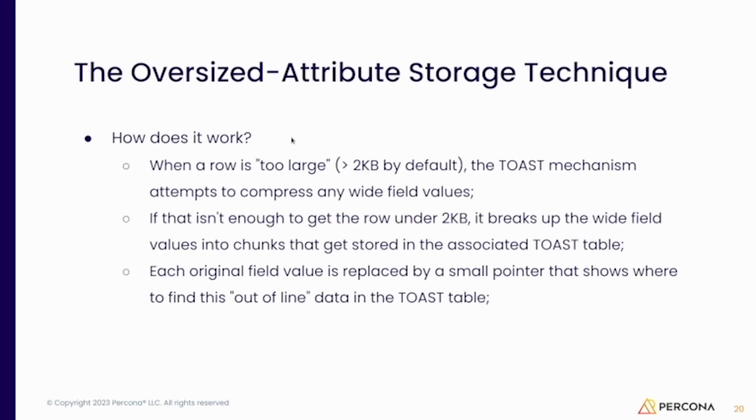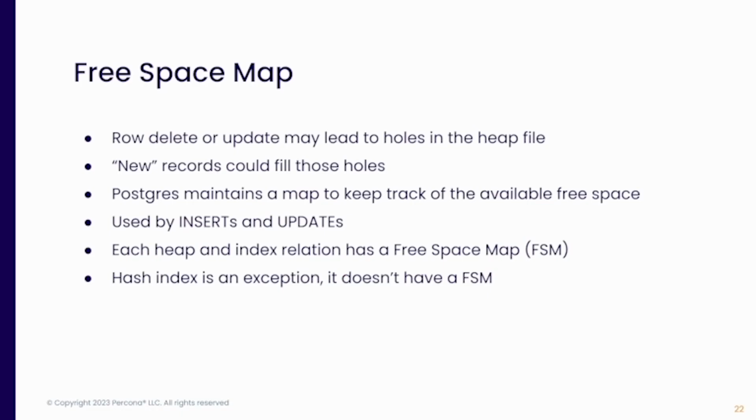So that's the toast. As I mentioned, the default threshold to go for a toast is 2 kilobytes. So if your data is larger than 2 kilobytes, it's going to go for toast, right? And the other one is the free space map. Remember that I mentioned that it would be super expensive if Postgres had to read everything to get the free space.